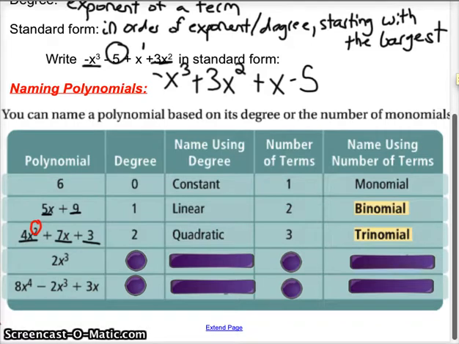Well, I see a 3rd power in here, so this is going to be degree 3. Name using that degree. Well, when we get up to the 3rd degree, we're talking about a cubic function, a cubic polynomial. Now, as for the terms, well, now we're back down to only seeing one term, okay? So going back to one term, something you already have written down, it is a monomial.